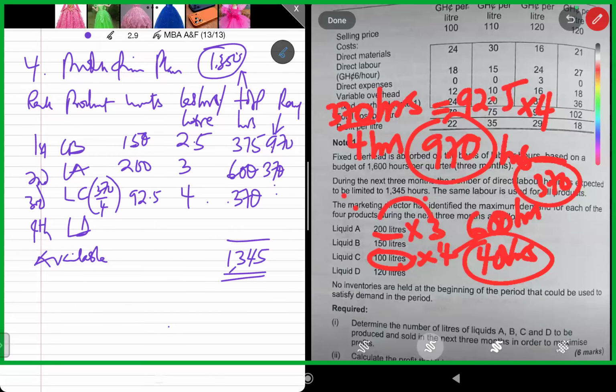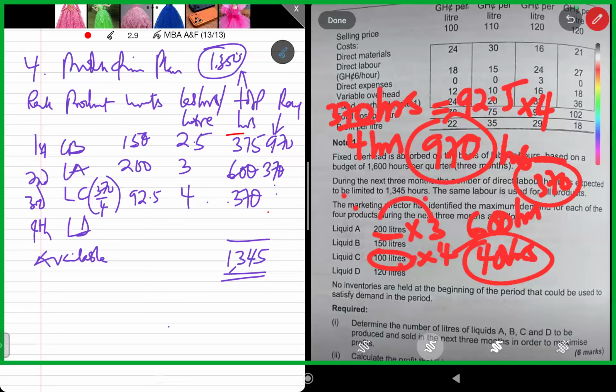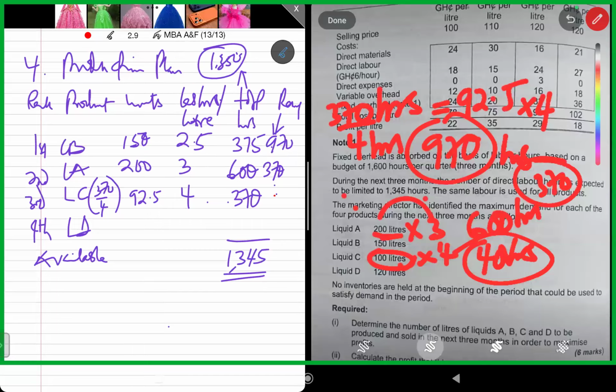So when I add these three figures, they should give me 137. I understand that. And now the 370, there will not be any left. There will be 0 left.